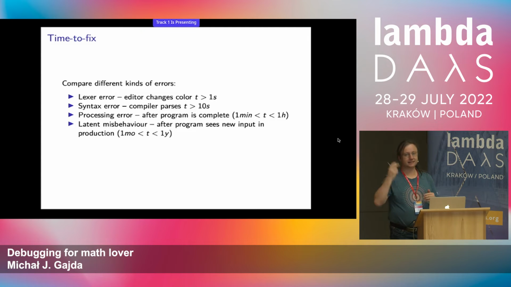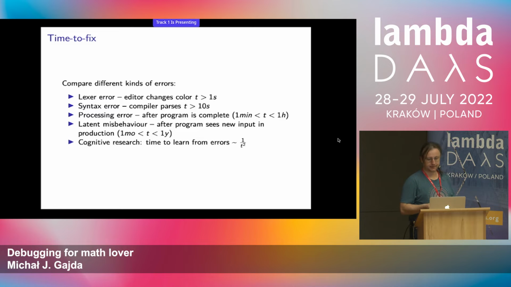Latent errors that are very difficult to find on the output are problematic. That's why we use QuickCheck and sometimes even theorem proving to find the difference between expected and actual behavior in advance. Because after 2 years, it's very expensive to fix. Generally, these errors are more and more expensive to fix when this time increases.